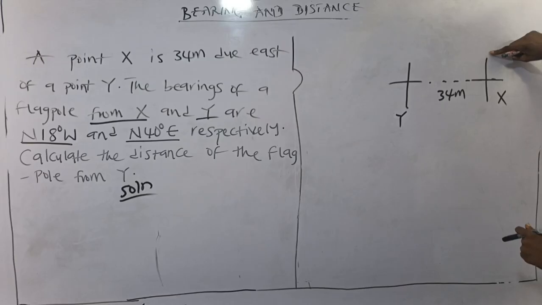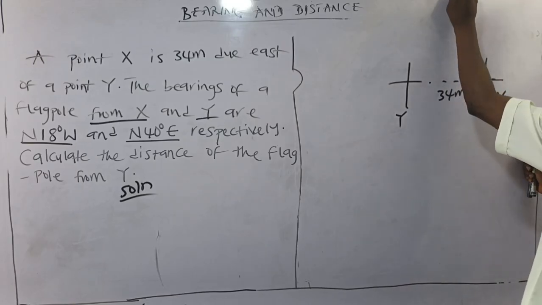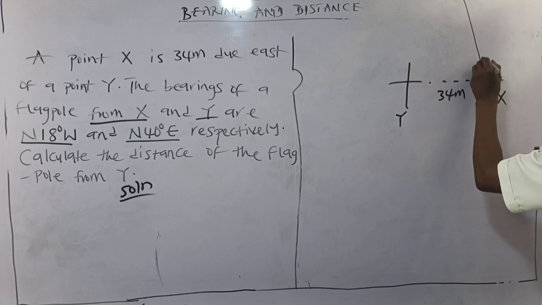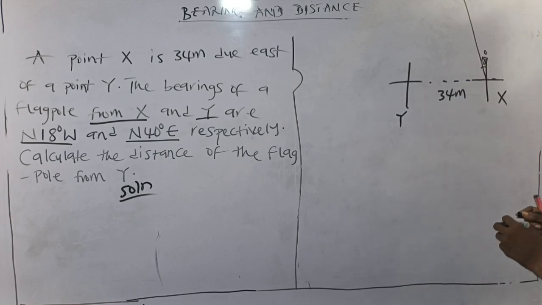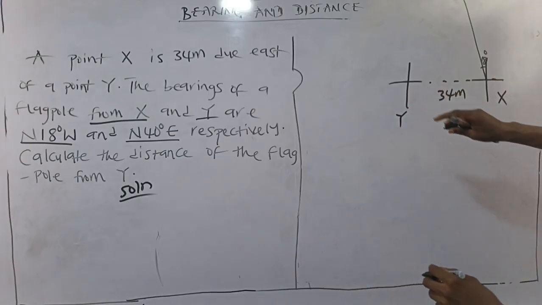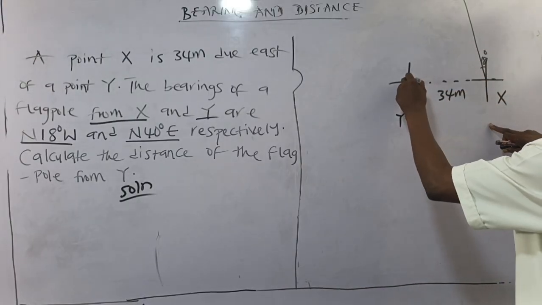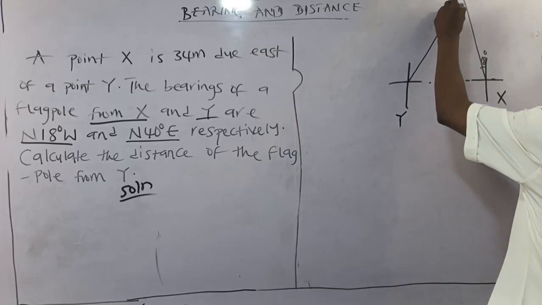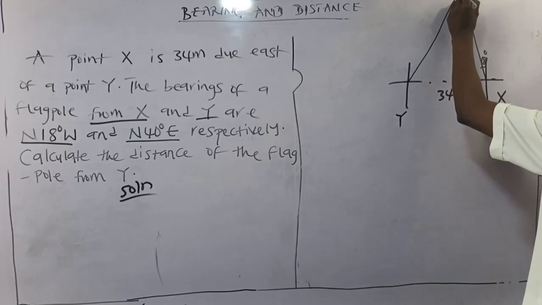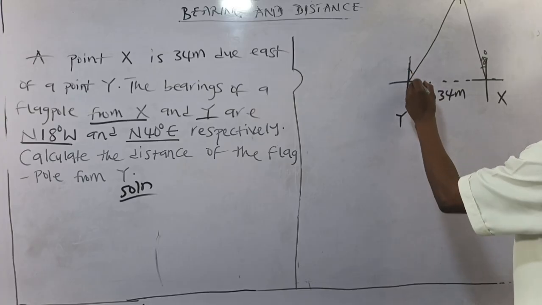This is my north, and this is my west. 18 degree is very tiny, remember. And from my Y is 40 degree north of east. 40 degrees, not up to 45. So that's where they meet.